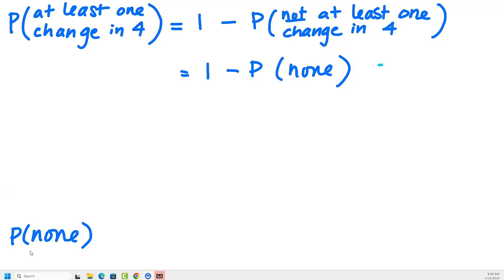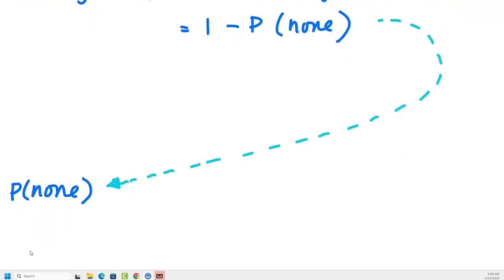Let's see here. So the probability of none, that means that I'm going to have here the probability, so it's none change, right? So the probability of a change, right?